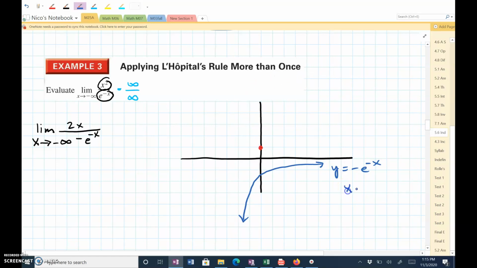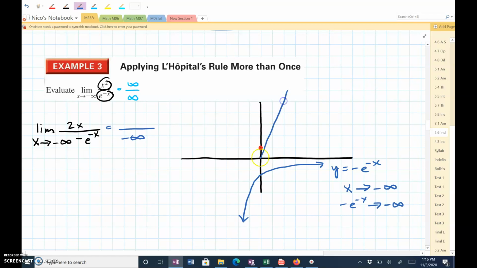And now as x goes to negative infinity, negative e to the negative x would go to negative infinity. So the denominator is going to be negative infinity.